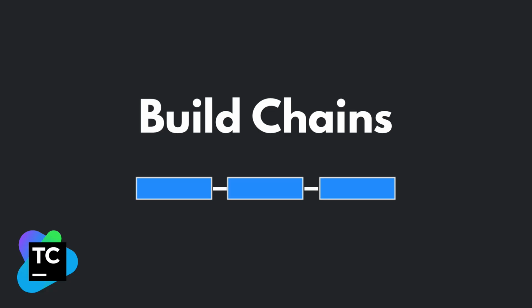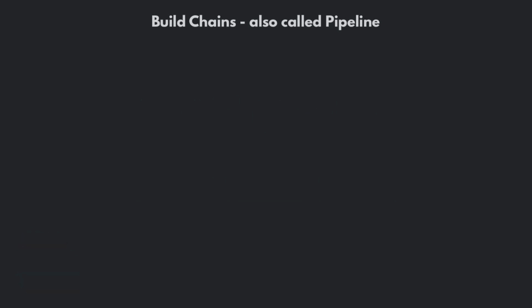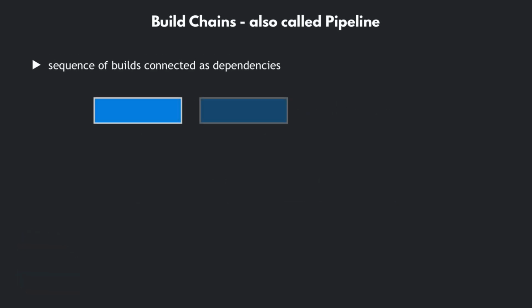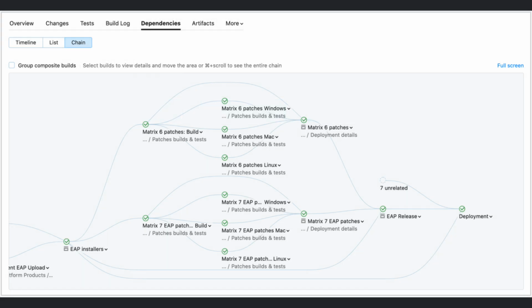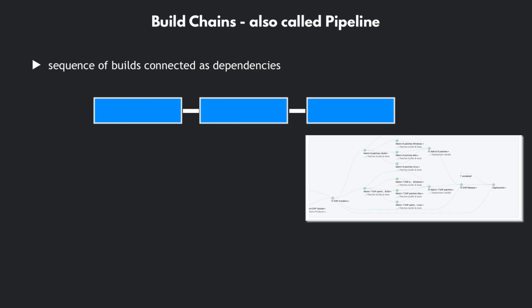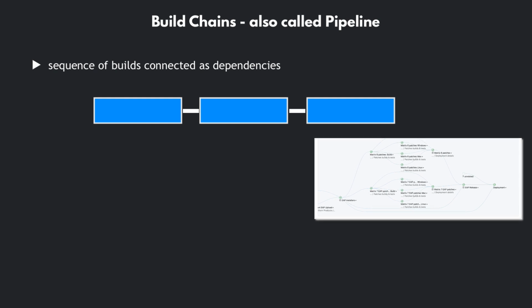Another cool feature of TeamCity is that you can create build chains from your builds by defining dependencies between them. That means you can configure which builds depend on which ones in a chain. So whenever you run a build, TeamCity will check all of its dependent builds and run them first in a correct order. And you can also easily pass the artifacts or other outputs from one build to another.